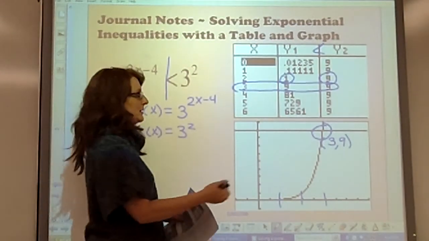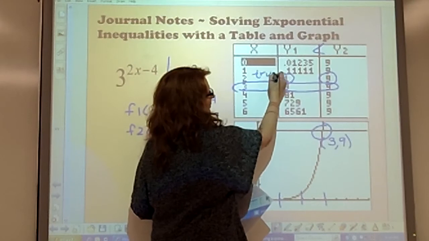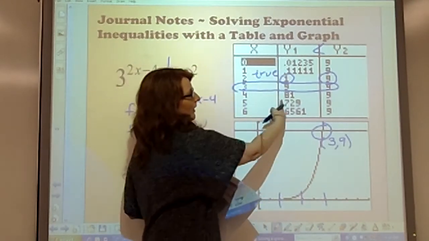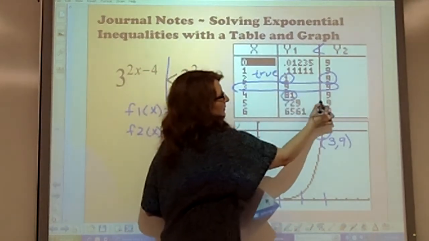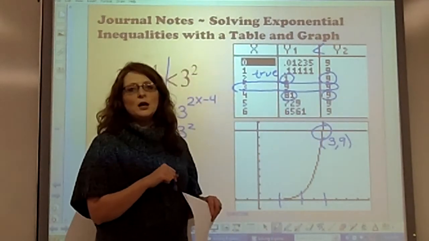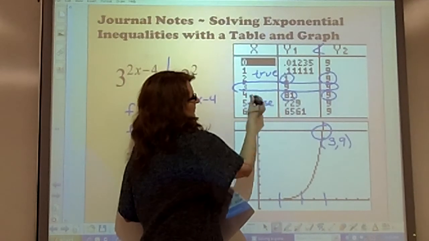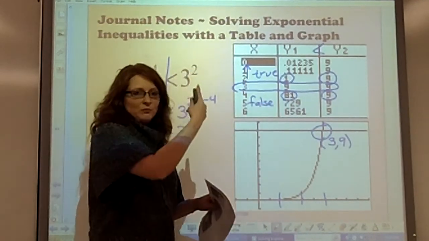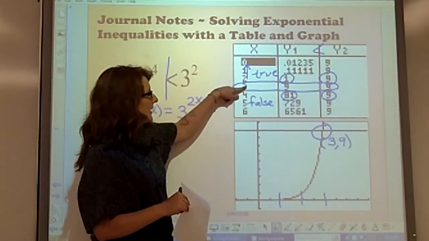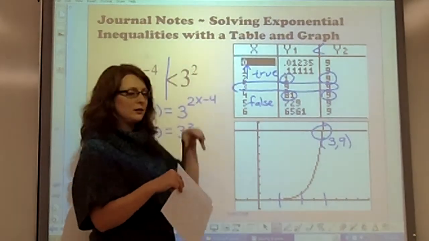Well, 1 is less than 9, so this is true. Where if I went this way, greater than, 81 is not less than 9, so this is false.